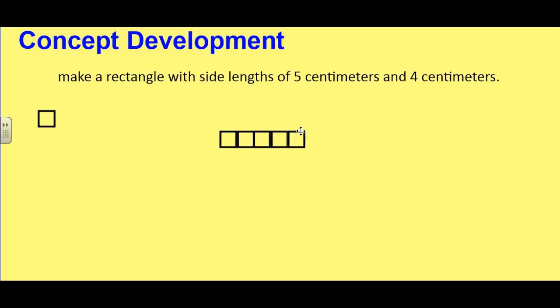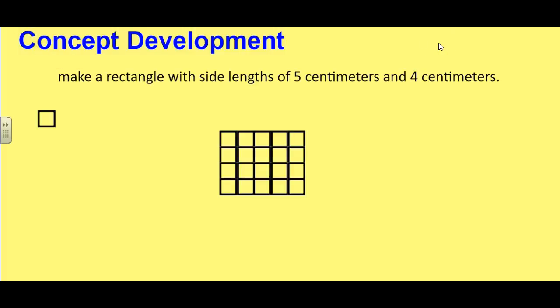So what I want you to do with your square centimeter pieces is make your 4 rows of 5. Make sure you're putting them right beside one another and they're not overlapping on top of each other, or that there's not any gaps between them. And once you have used all 20 of your square centimeter pieces and you have your 4 rows of 5, you can push play so we can move on.